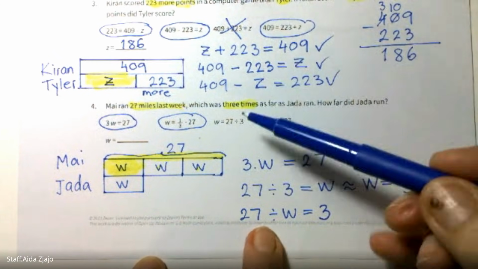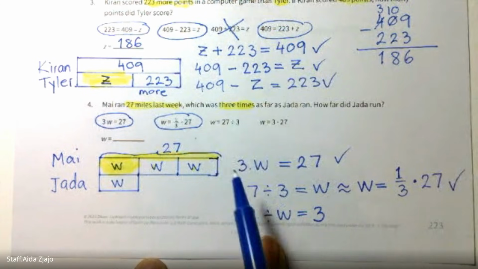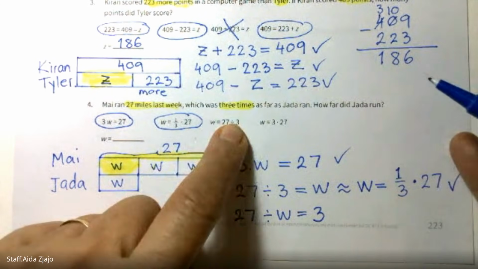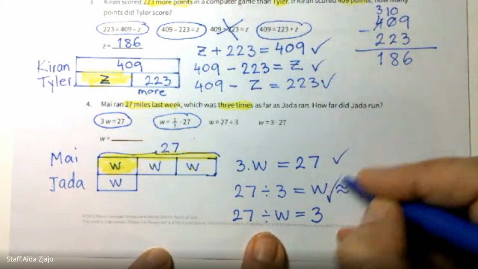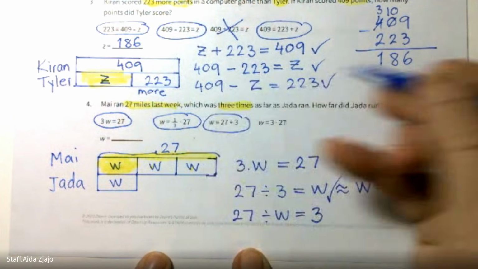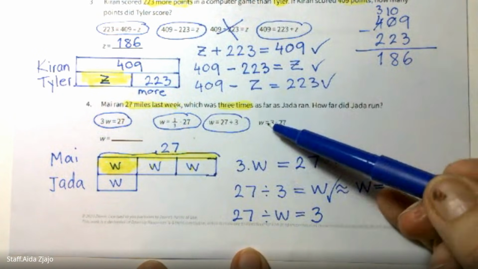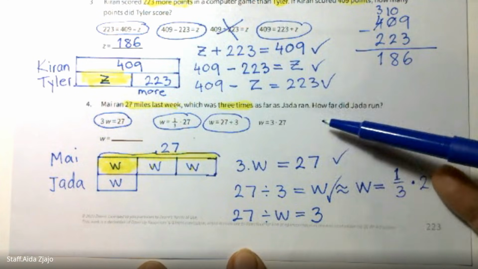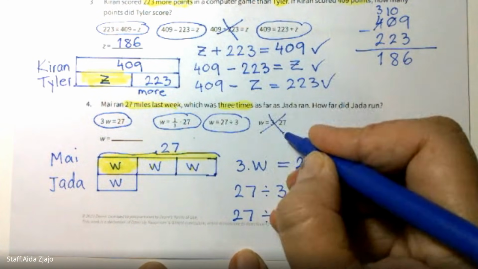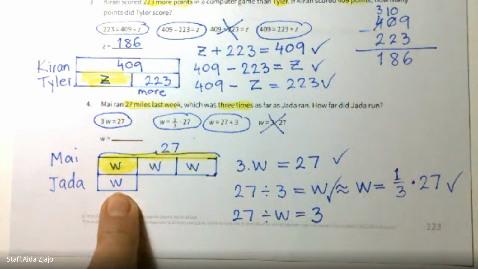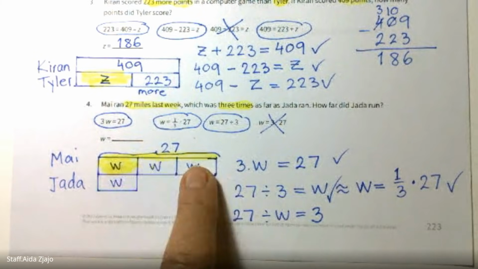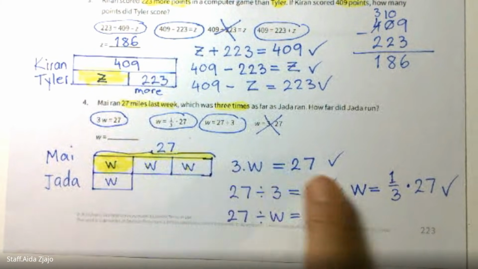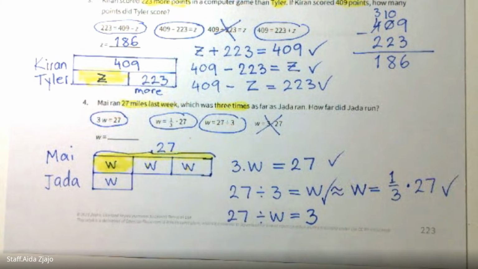This one doesn't work: W is 3 times 27 would mean Jada ran 3 times this amount, which doesn't make sense.